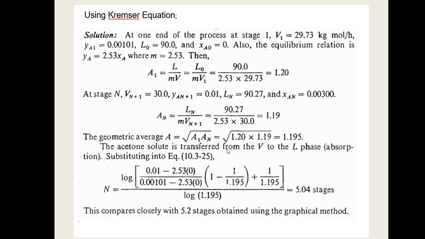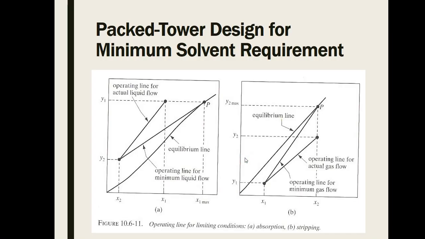Okay, so our solution this time is focused on the use of the Kremser equation. Now, there are problems that require us to determine the minimum solvent requirement, or there are problems that require us to solve for the optimum number of stages.